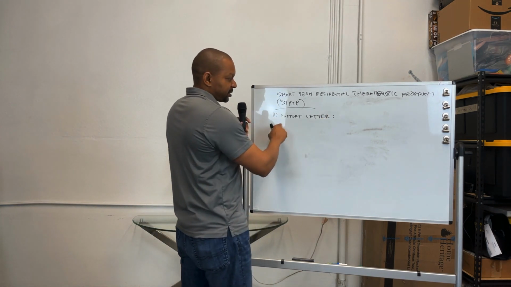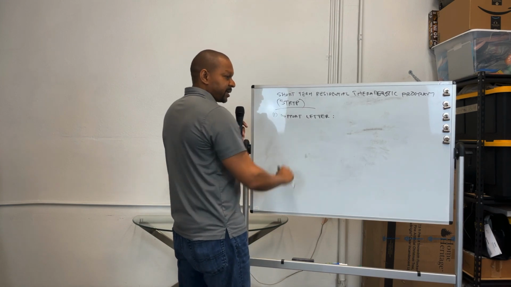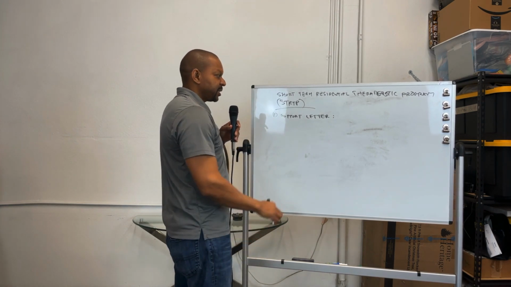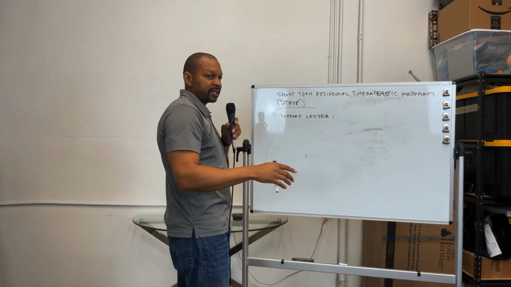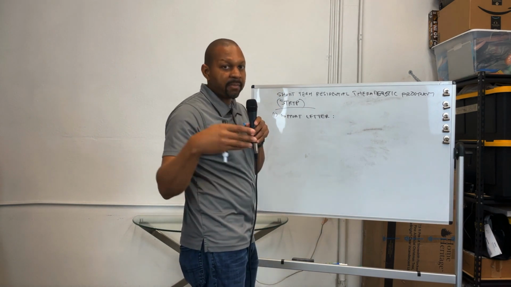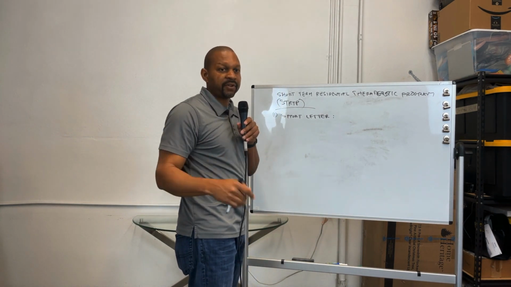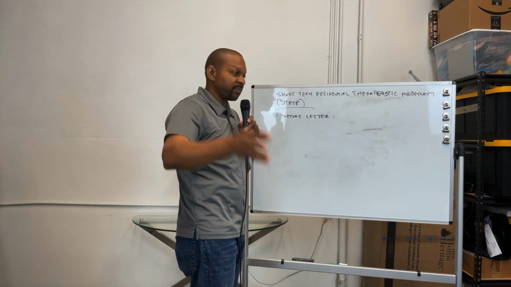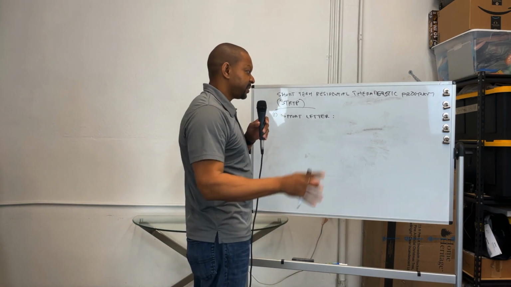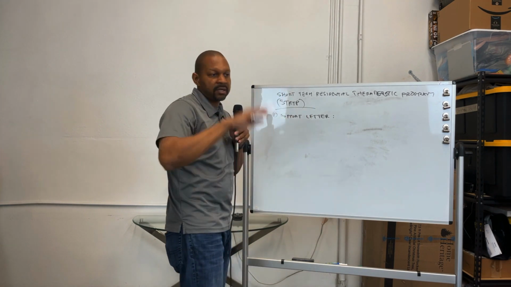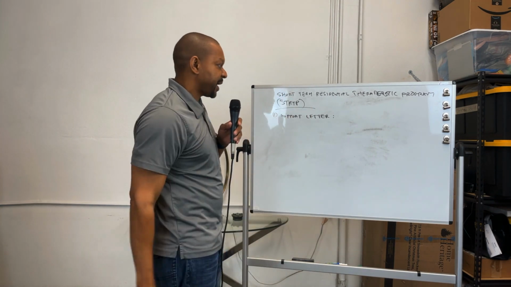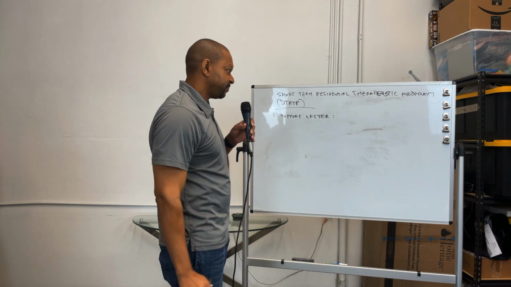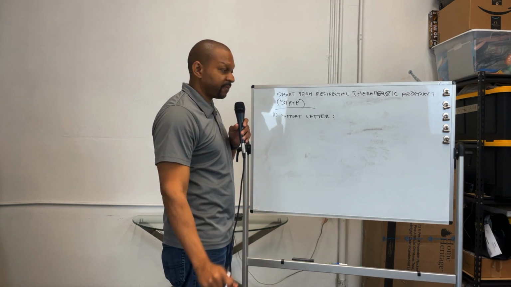A lot of people ask me, how do I get a support letter? It doesn't matter where you get your support letter from, whether it's LA, San Diego, Ventura, Orange County, Santa Barbara.